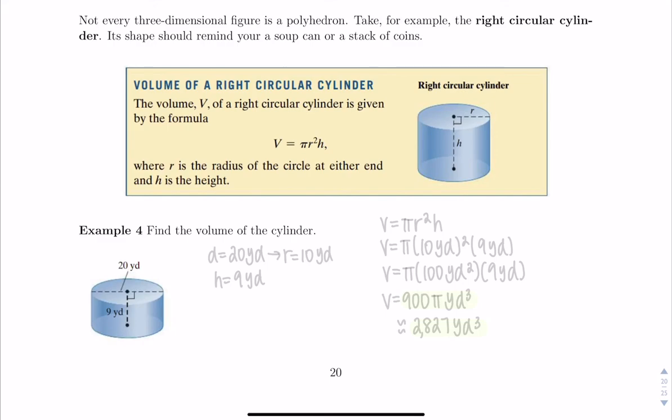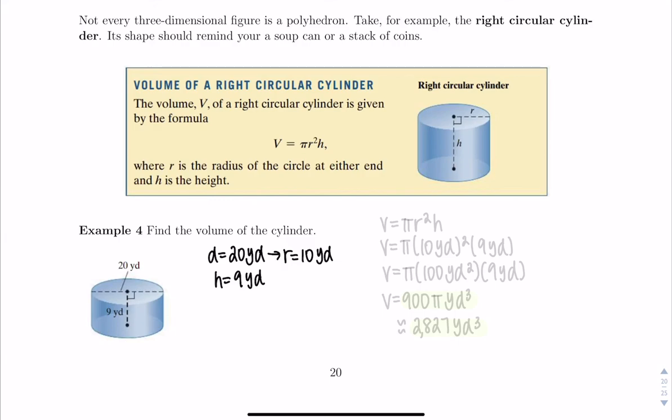So let's go ahead and plug this in for example 4. We're given the diameter, which is 20 yards, and so the radius is 10 yards. The height is 9 yards.